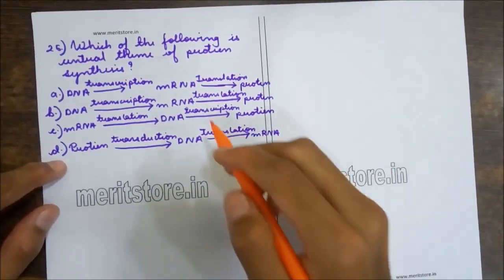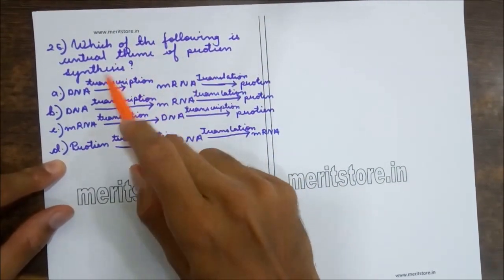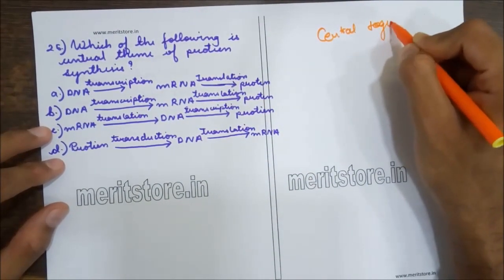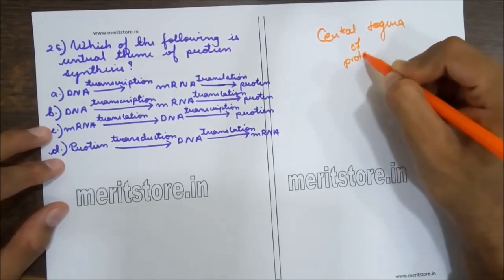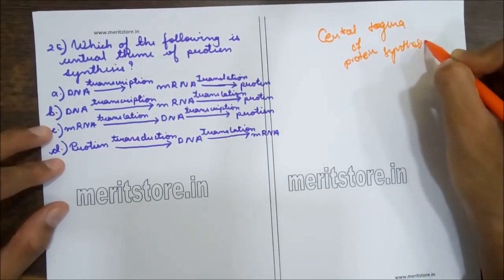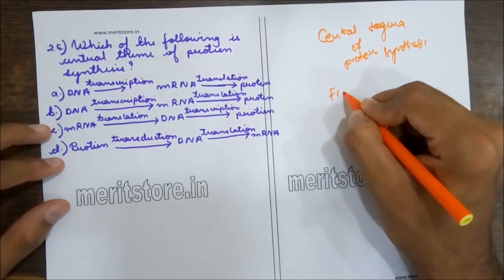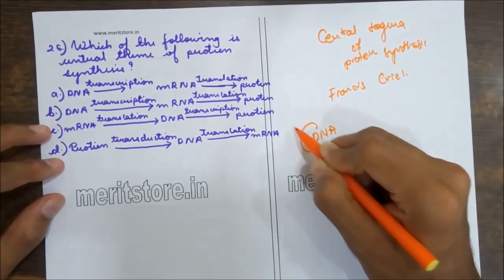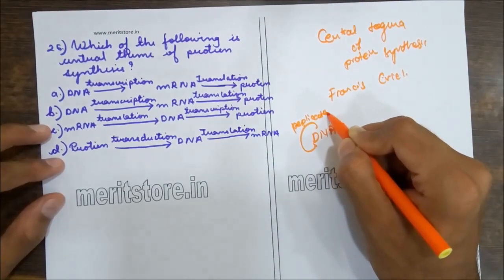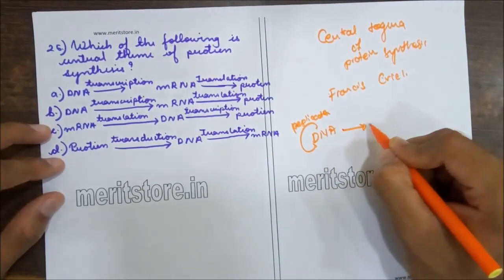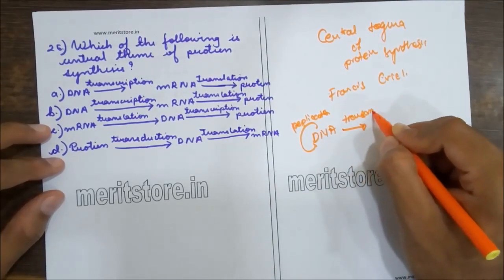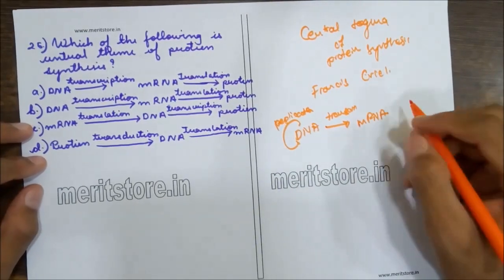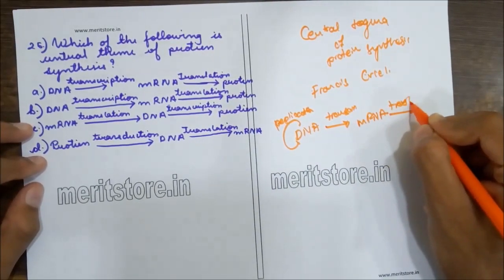Question number 25. Which of the following is the central theme of protein synthesis? First of all, you should know that the central dogma or theme of protein synthesis was put forth by the scientist Francis Crick, which was DNA undergoes its own replication, undergoes transcription to mRNA, and this mRNA undergoes translation to form proteins.